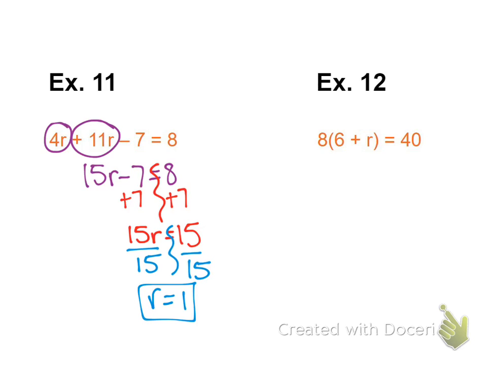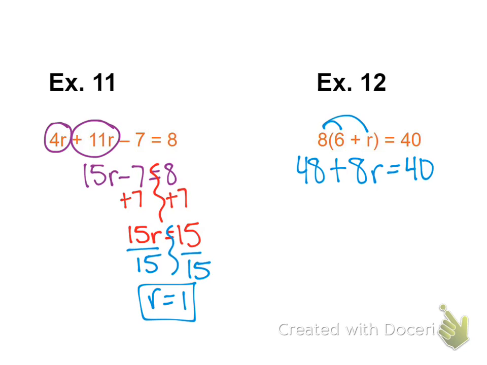All right, on number 12, what's the first thing we can do? Distribute. What's getting distributed? The 8. When we distribute, what do we get? 48 plus 8R. Make sure you're distributing to both terms. Still equals 40.